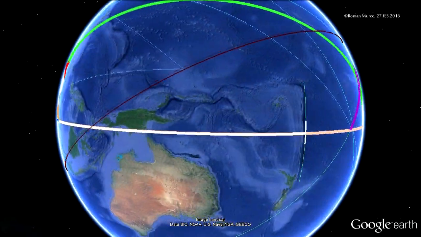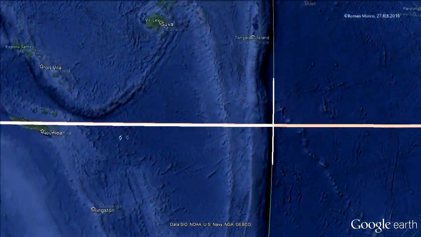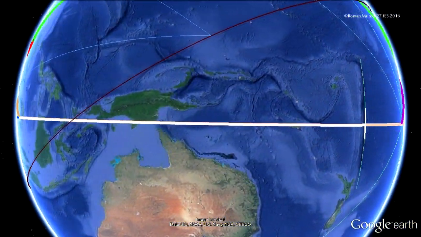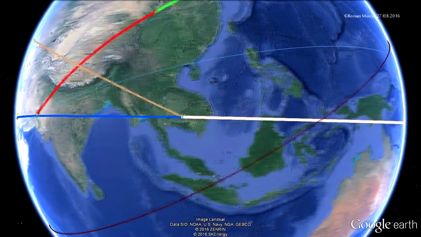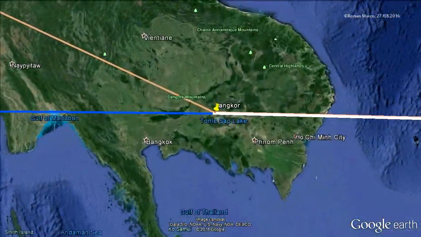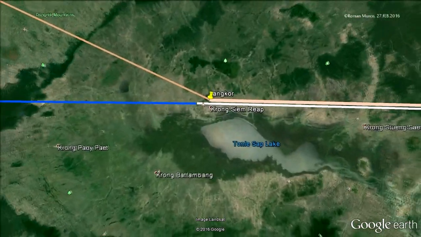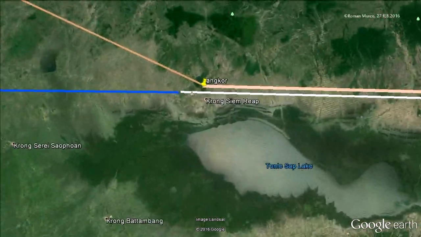It's exactly 10,000 kilometers. And also from this marker, this formation, to Angkor Wat, it's also 10,000 kilometers.